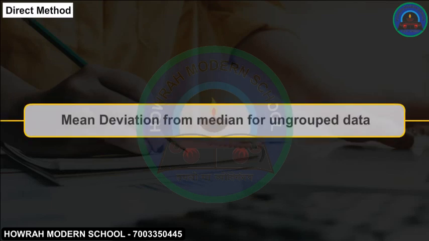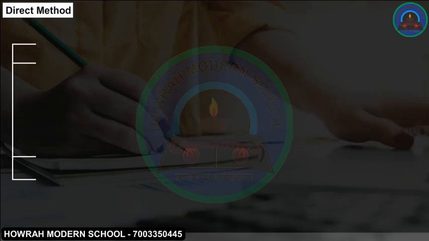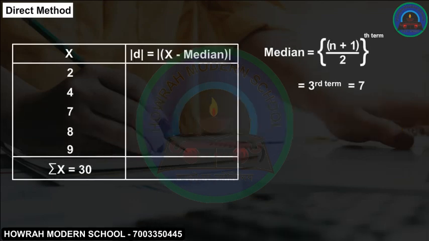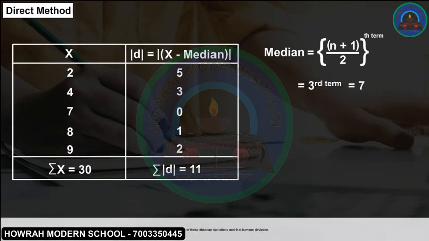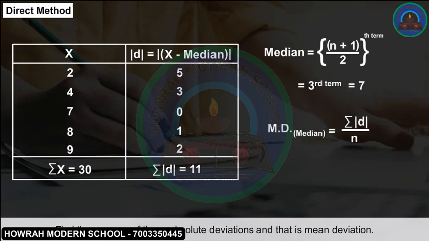Mean deviation from median for ungrouped data. Calculate the median. Calculate the absolute deviations from median and denote them as mod D. Find the average of these absolute deviations, and that is mean deviation.